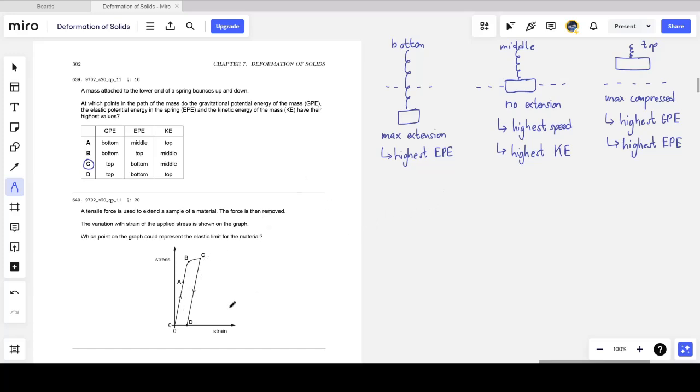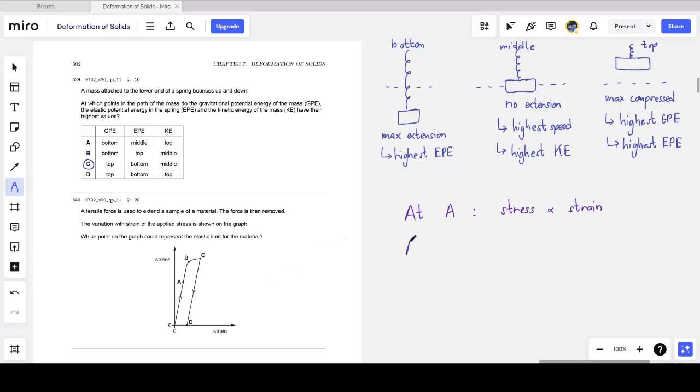And when I'm going from 0 to A and then almost all the way to B, what I find is that, certainly at A, the stress is directly proportional to the strain. It's a straight line, so it's a direct proportionality between stress and strain.